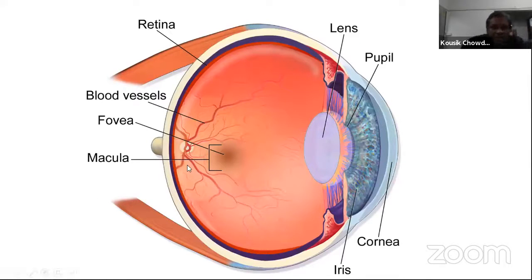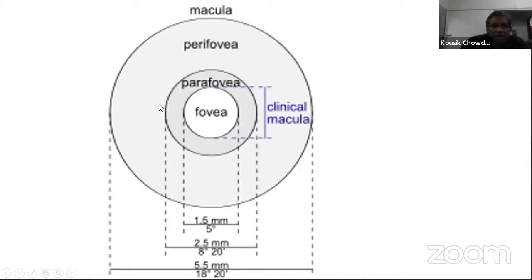We are seeing again the picture of retina. This is retina and this is blood vessels. This is fovea and this is macula lutea, macula. And we are seeing lens, pupil and so on. Now come again to the macular structures.